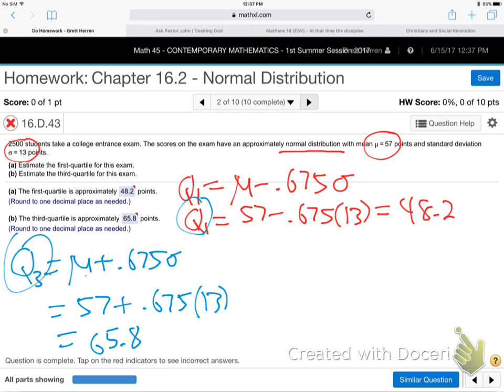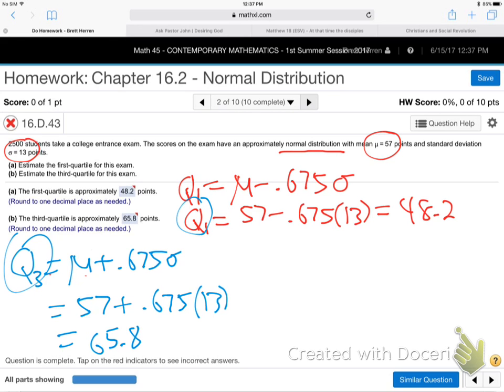So whenever they say normally distributed and they mention the quartiles, use those formulas. All they asked me for was Q1 and Q3, so I didn't actually draw the bell curve. Makes sense? Other questions on that one?